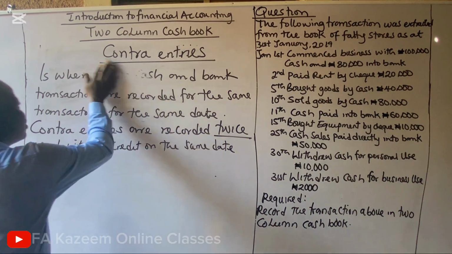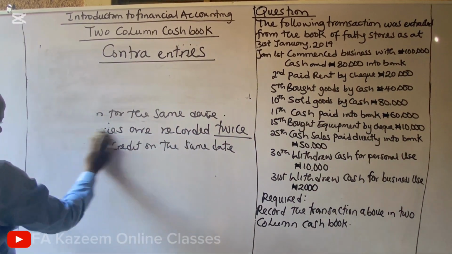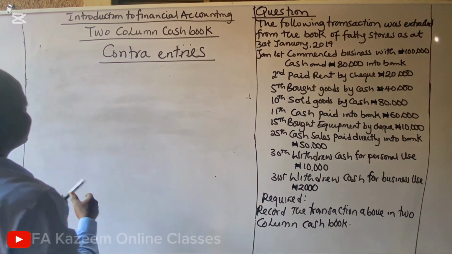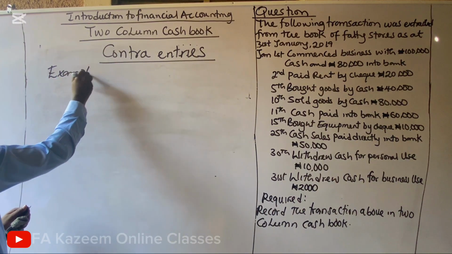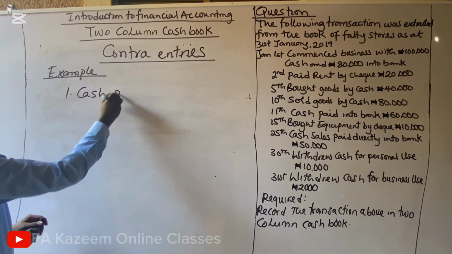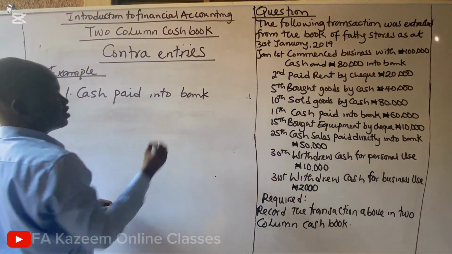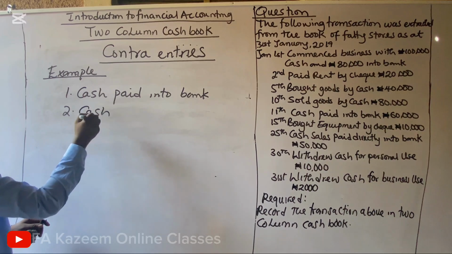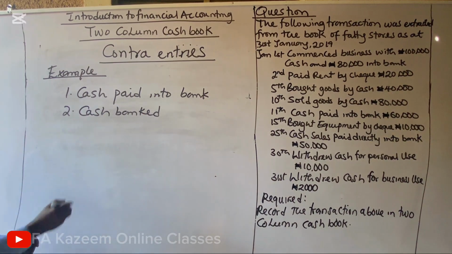What are likely transactions that can result in contra entries? Let's see examples of transactions that, when you see them, you discover that the transaction is a contra entry. One, cash paid into bank is a contra entry. Two, instead of writing it as cash paid into bank, we can say cash banked is also a contra entry.